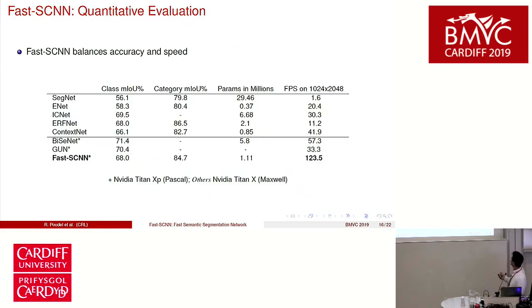Cool. So there's one more thing. BiSeNet, which is the closest competitor to us, is 5.7 million parameters. I'm repeating, I'm sorry. This is almost 6 million. We are very tiny, right? And accuracy-wise, we have a gap of around 3%.